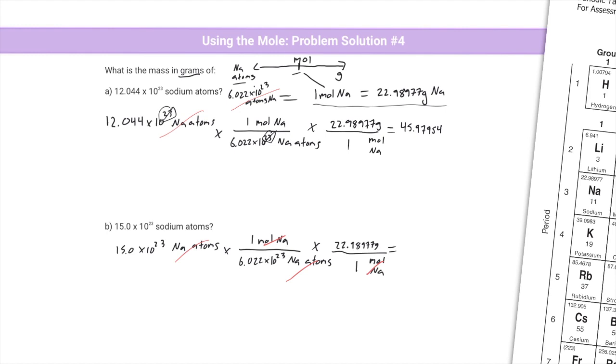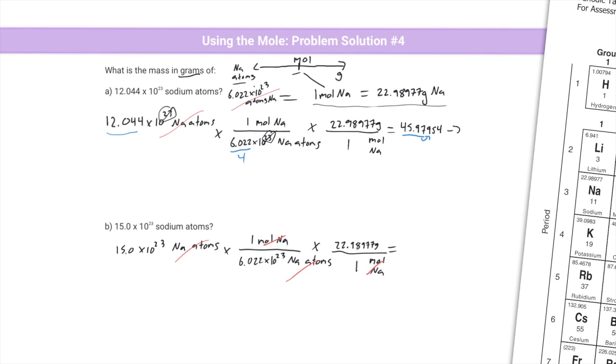Let's count sig figs. I've got 4, 5, and a lot more. So we're going to go with 4. 1, 2, 3, 4. 7 will round up to an 8. We're going to leave this in expanded notation.